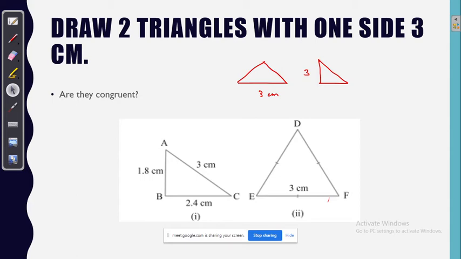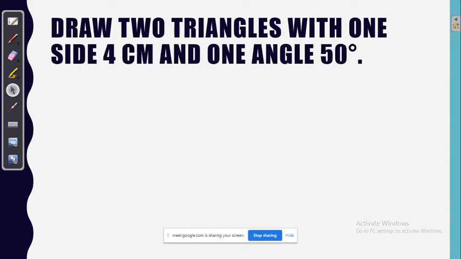So let's see if there is one angle also given, one side and one angle. Draw two triangles with one side 4 centimeter and one angle 50 degree, like this.